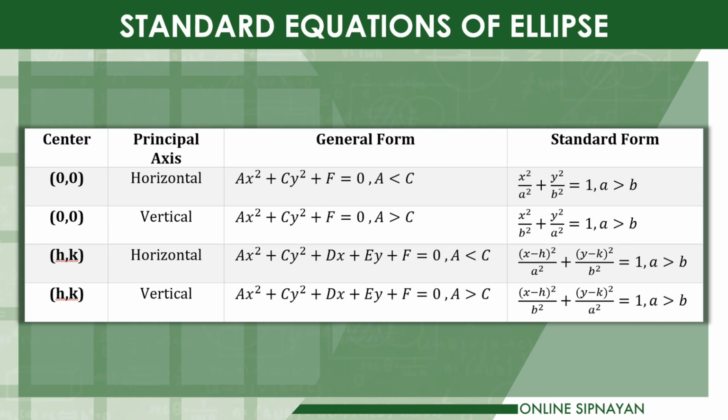Last, if the center is at (h, k) but the principal or major axis is vertical, the general form is ax squared plus cy squared plus dx plus ey plus f is equal to 0, where a is greater than c. And the standard form is quantity x minus h squared over b squared plus quantity y minus k squared over a squared is equal to 1, where a is greater than b.